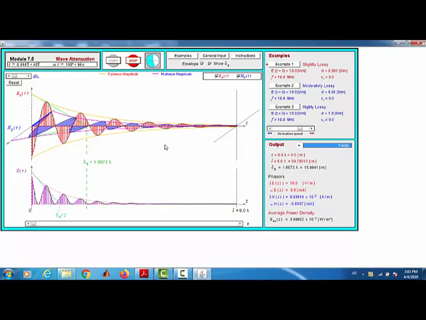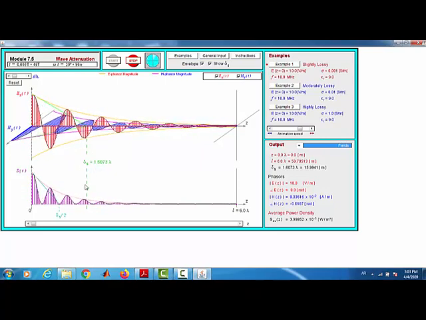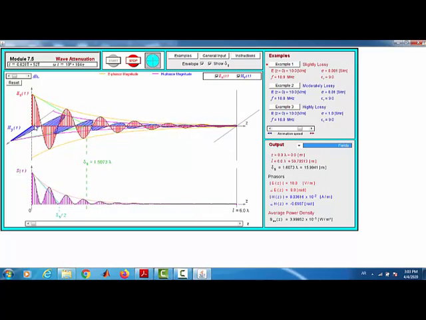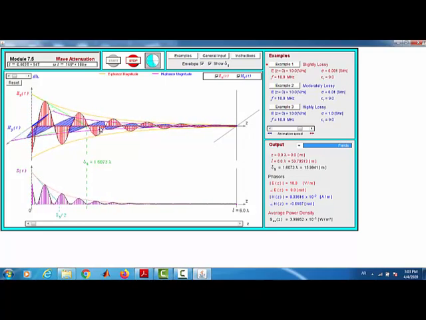So in this example, the penetration depth is equal to 1.6 of the wavelength of the 10 megahertz wave inside this material.